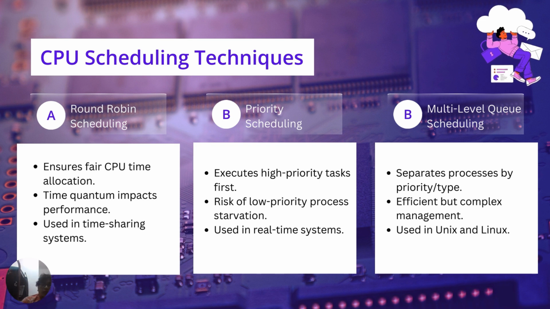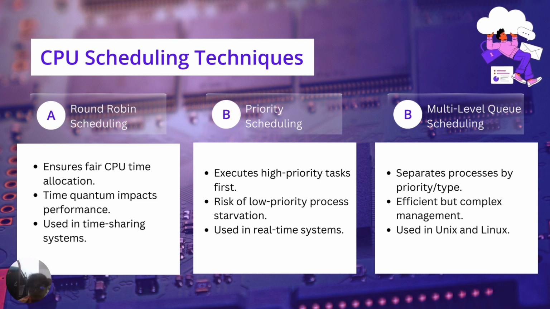And for the next scheduling, which is multi-level queue scheduling, on the positive side, it separates processes based on priority or type, allowing specialized handling and improving overall efficiency. On the negative side, it can lead to complexity in managing multiple queues and the movement of processes between queues.